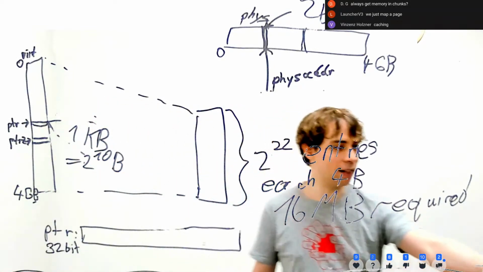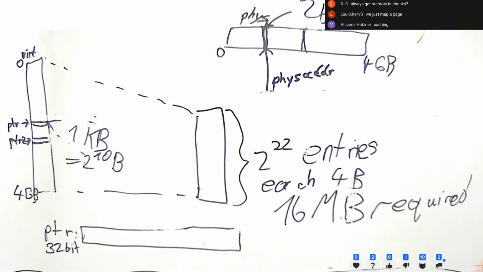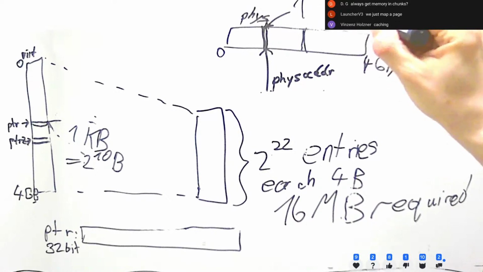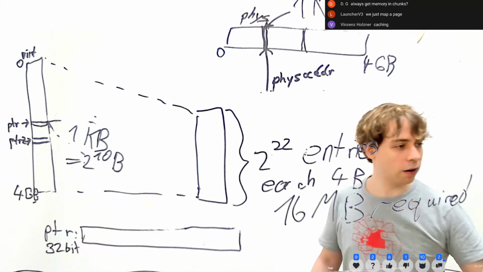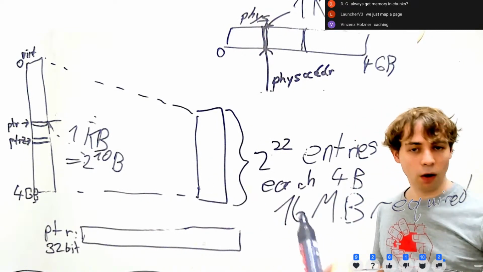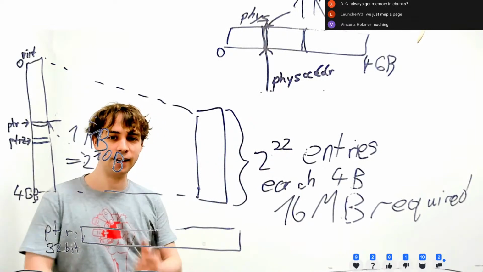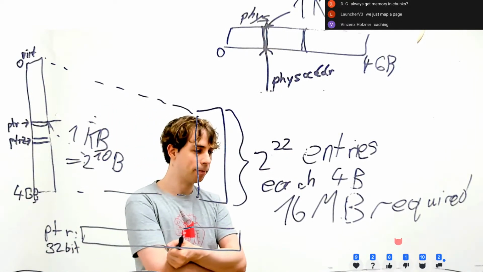Now, if we map one block of 1 kilobyte, of course, this would go to 1 kilobyte here, 1 kilobyte here, 1 kilobyte here. We would actually only need 16 megabytes. Aha, this is nice. So only 16 megabytes of overhead per process.